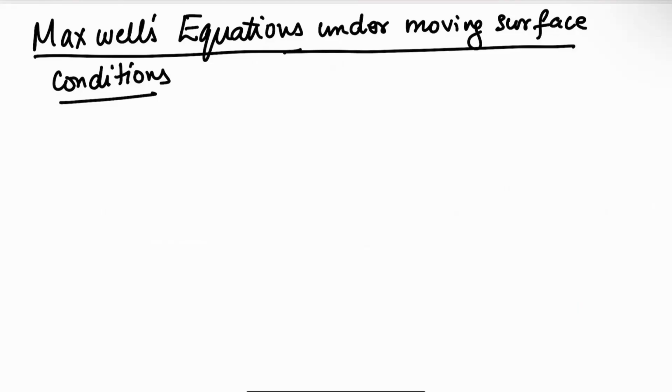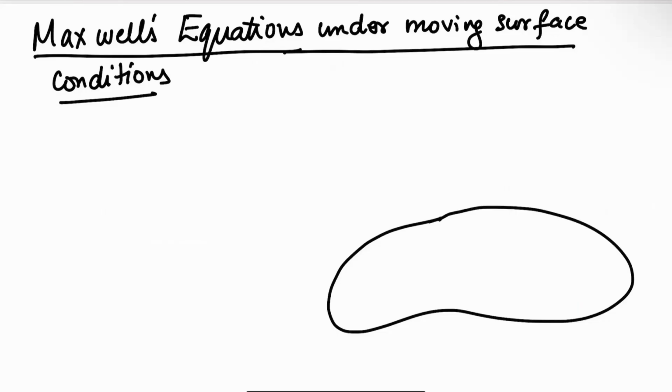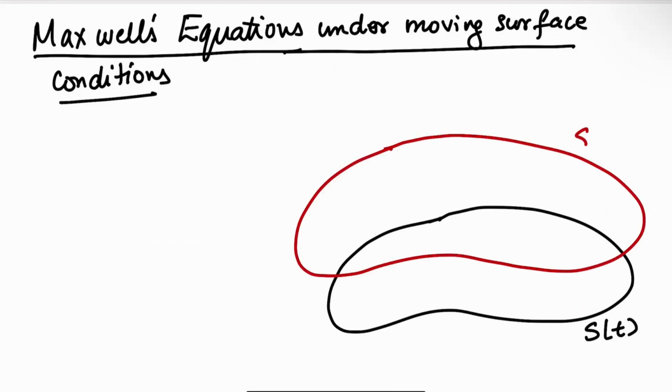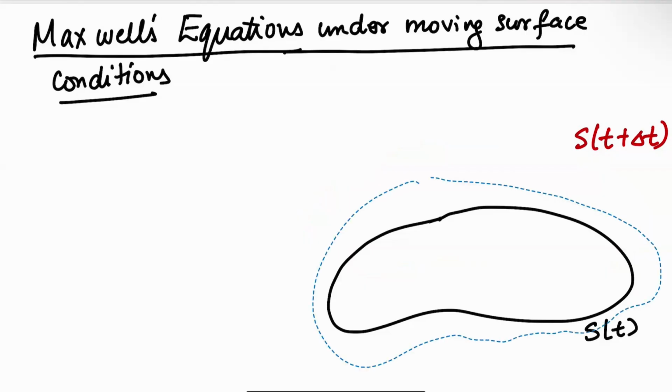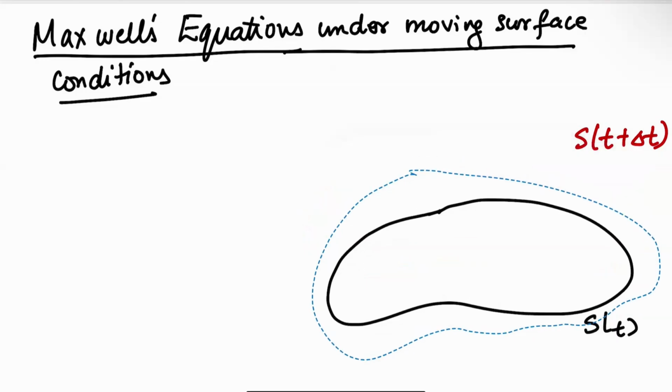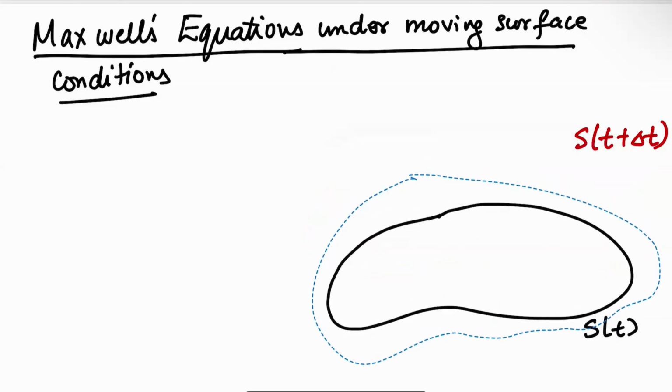First we set up what the problem looks like, and it's important to understand that part. I have some arbitrary surface S at time t, and at time t plus delta t it becomes a new surface. Essentially, this surface is moving from this point to this point.